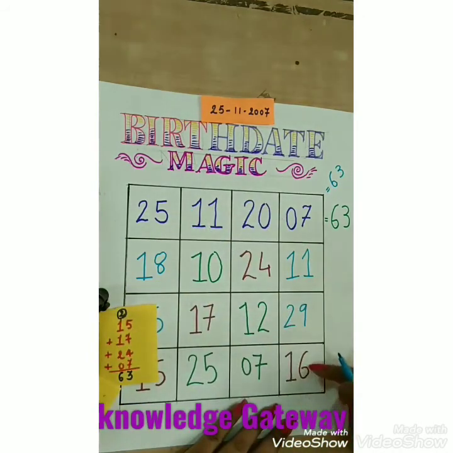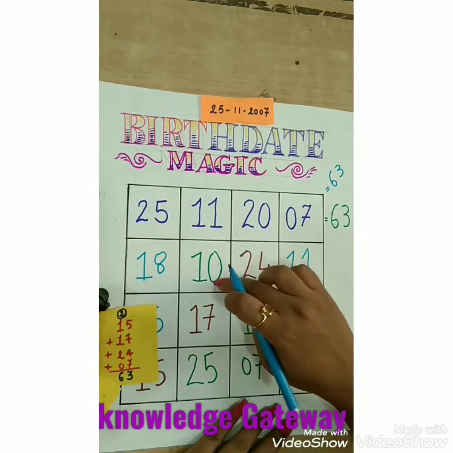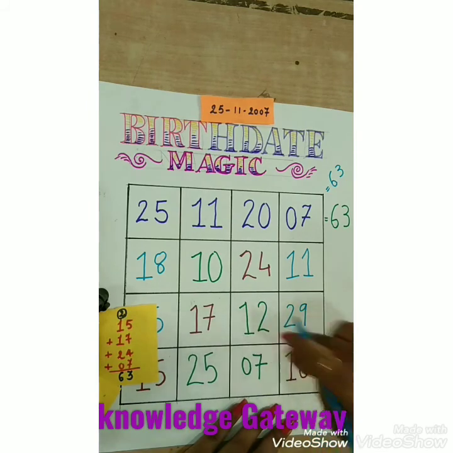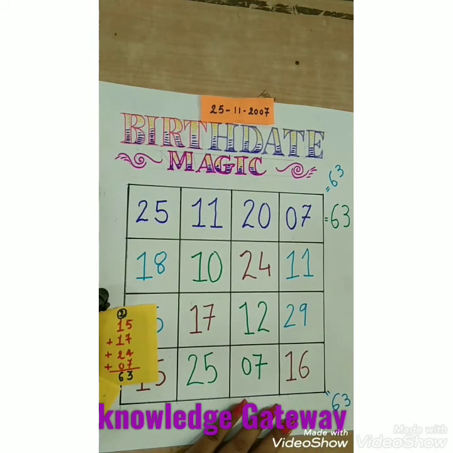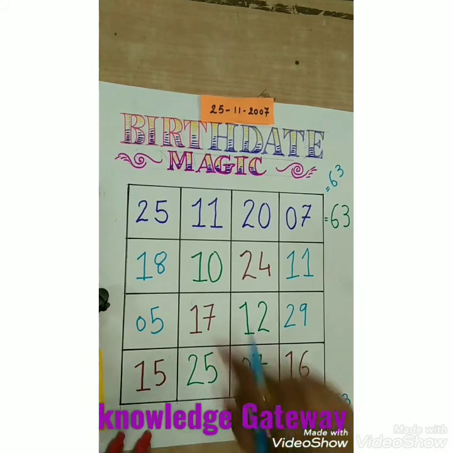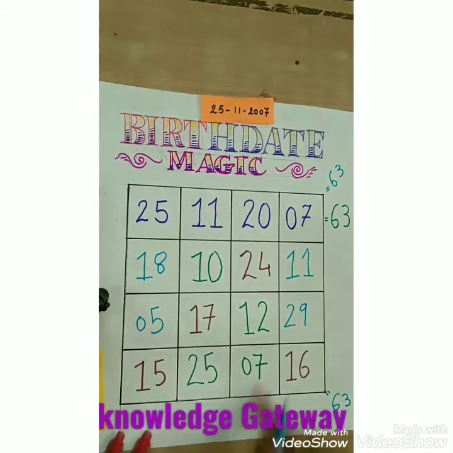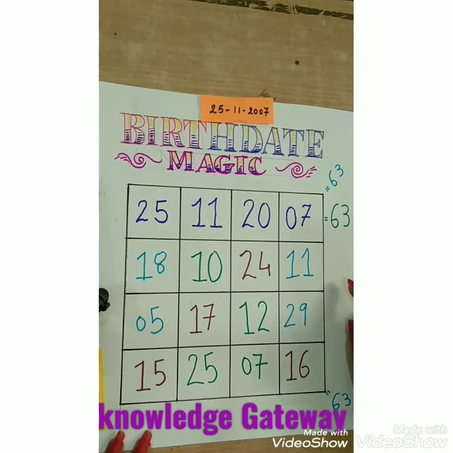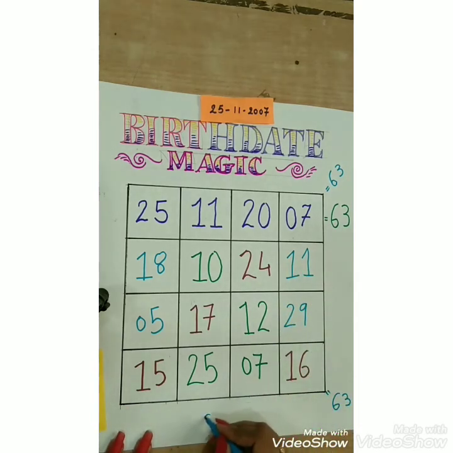For this also 25 plus 10, 35, 35 plus 12, 47 plus 16 is equal to 63. Same like you can check all the columns, these 4 columns and these 3 rows that remain. Check it, all answers will remain the same.